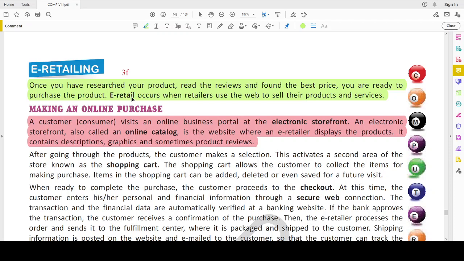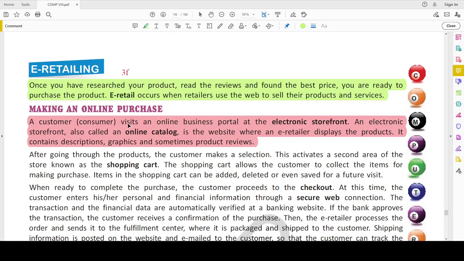And the e-retailers to whom we are placing our orders, who are selling their products through the web, are doing the e-retailing, right? So, making an online purchase.